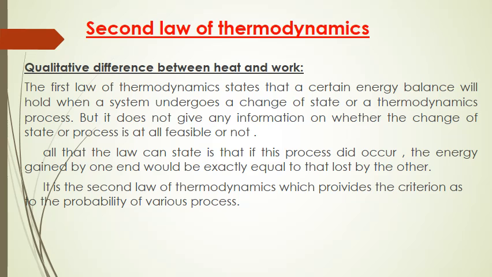But if the process did occur, then energy lost by one end is equal to energy gained by the other end. That is completely agreed. But whether the process itself is possible or not cannot be explained by the first law. It is the second law which will explain whether the process is possible or not.